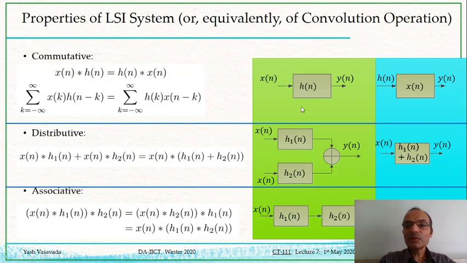And these are some of the other properties of a linear shift invariant system. You can interchange the role of input and the system impulse response, and you will get the identical output y of n. You can take an input and pass it through two different systems and then add the outputs of those two systems, and the output will be identical to what you would have gotten if you passed the input through a system whose impulse response is the sum of these two impulse responses.